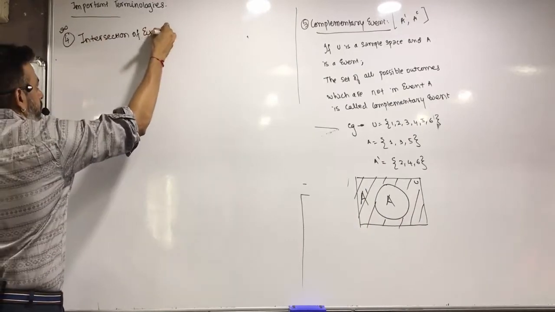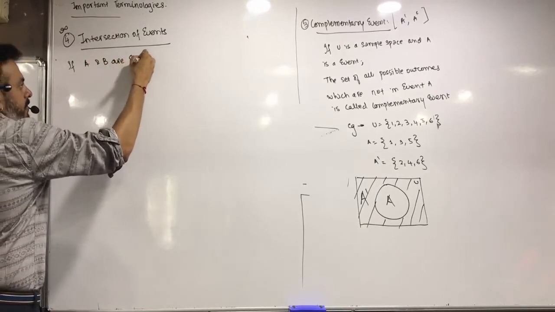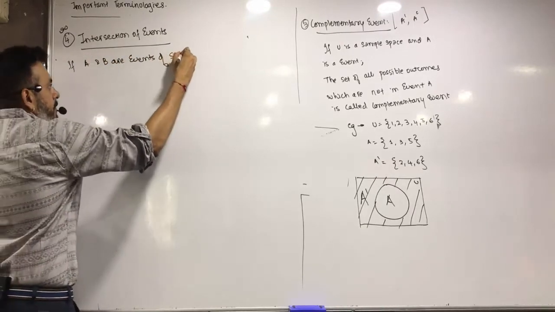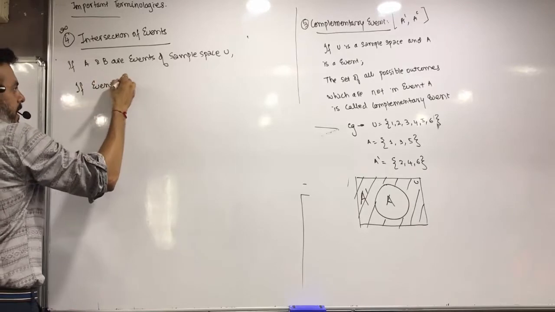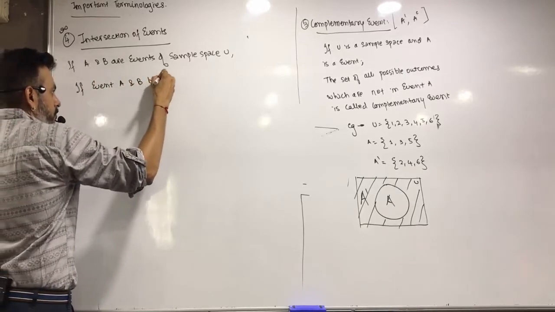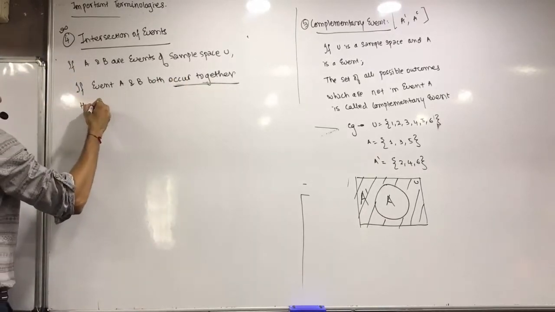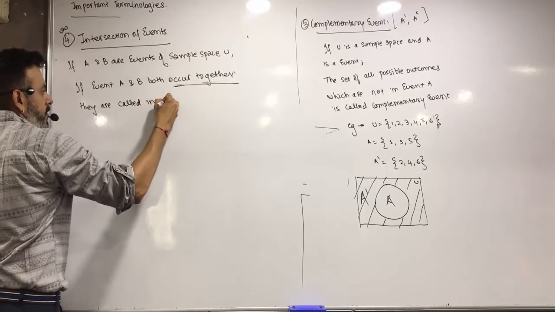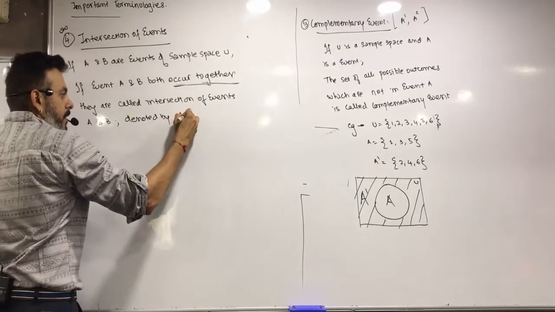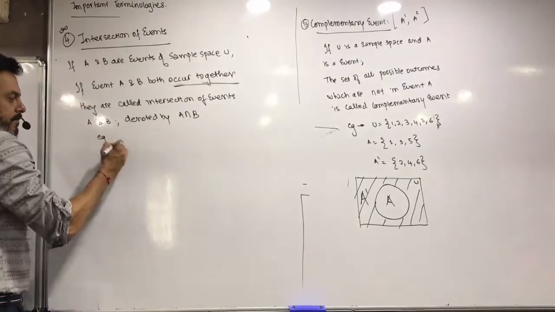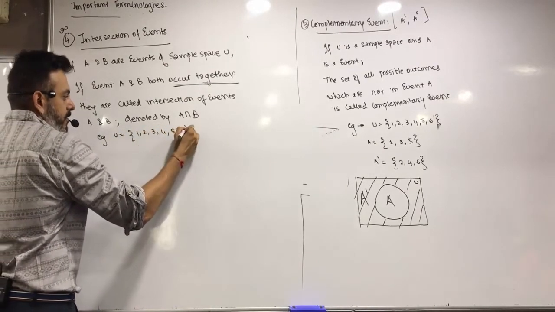Intersection of events. If A and B are events of sample space U, if events A and B both occur together, they are called intersection of events A and B, denoted by A intersection B. Example, U is 1, 2, 3, 4, 5 and 6.